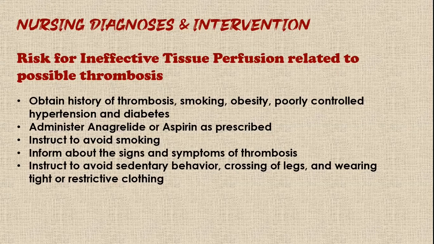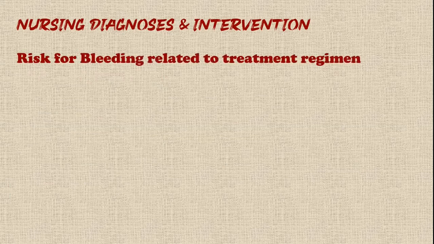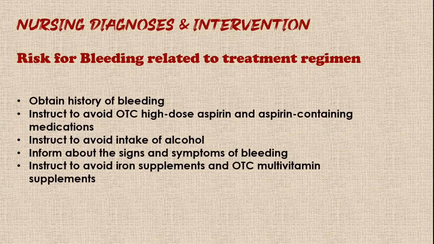Risk for bleeding related to treatment regimen. With this, the nurse is expected to obtain history of bleeding, instruct to avoid over-the-counter high-dose aspirin and aspirin-containing medications because these medications alter platelet function.